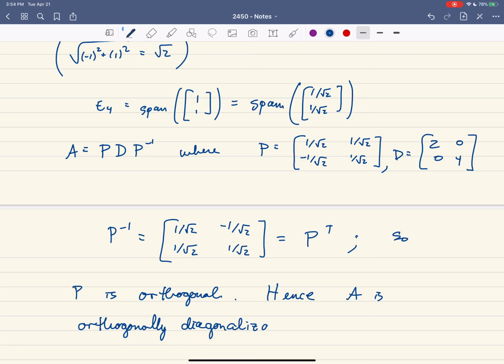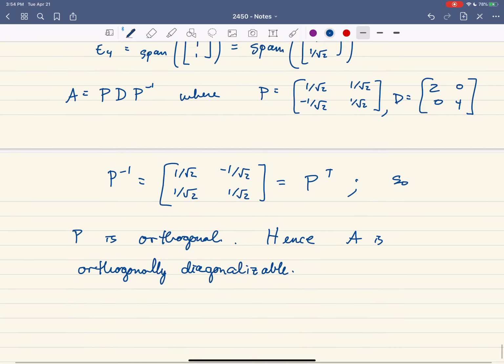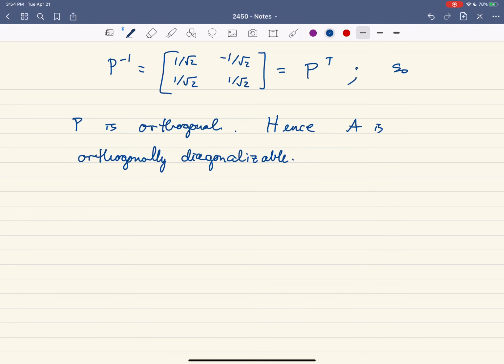Okay, orthogonal matrices are very nice because they have lots of properties. The one property that I want to talk about here is the determinant. Let's let P be an orthogonal matrix.